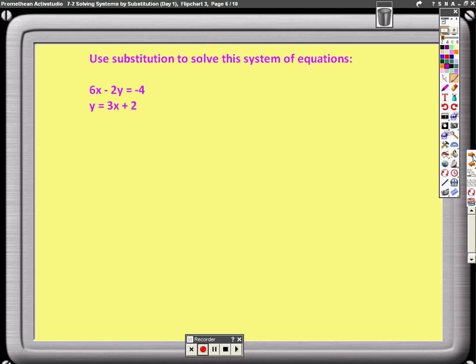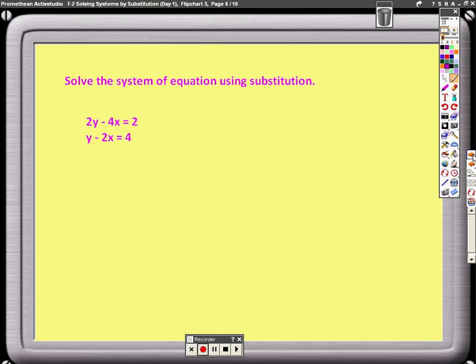The next example that I want to show you is a special example. Here I have two equations, and again I want to look at the two equations and find where I can isolate a variable. I'm going to look at the second equation, and if I add 2x, I can get y by itself.